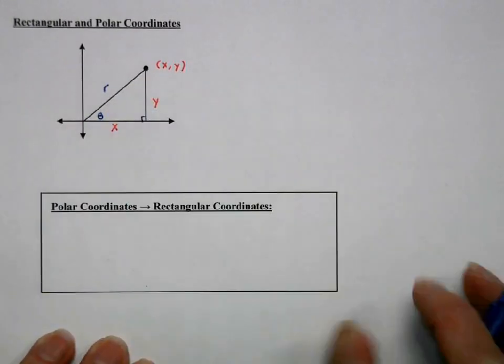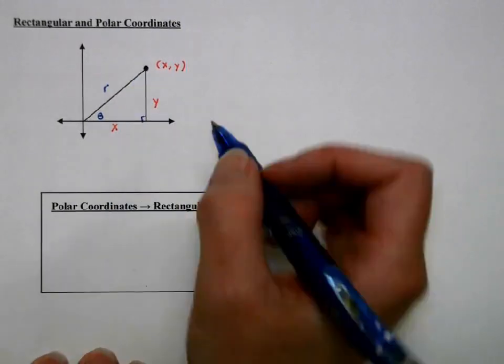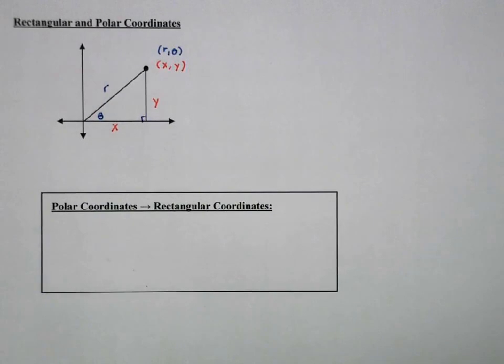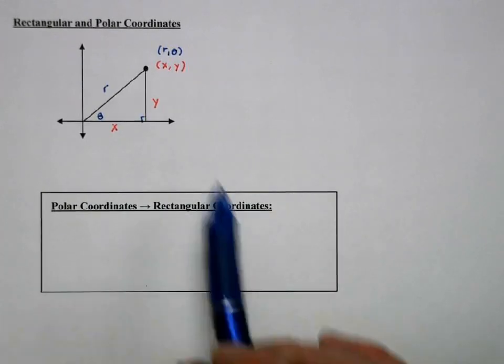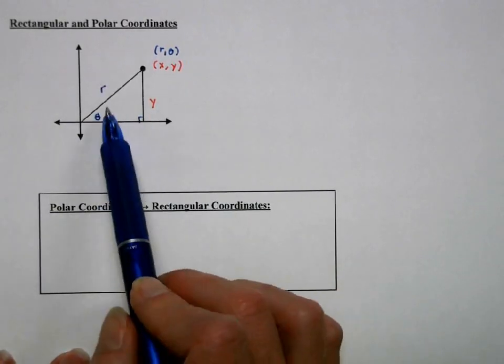So this point is also r theta, but we can relate all of these things using our basic right triangle information, meaning right triangle trig and the good old Pythagorean theorem. So I'm going to write a couple of statements of equality, and then we're going to use those to convert between the red x and y Cartesian or rectangular coordinates and the blue polar coordinate system.